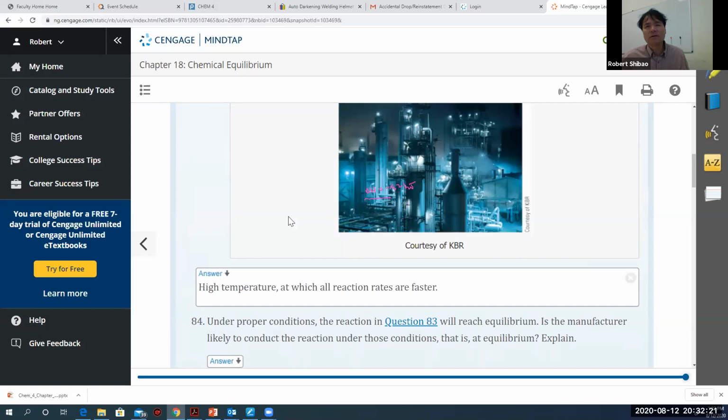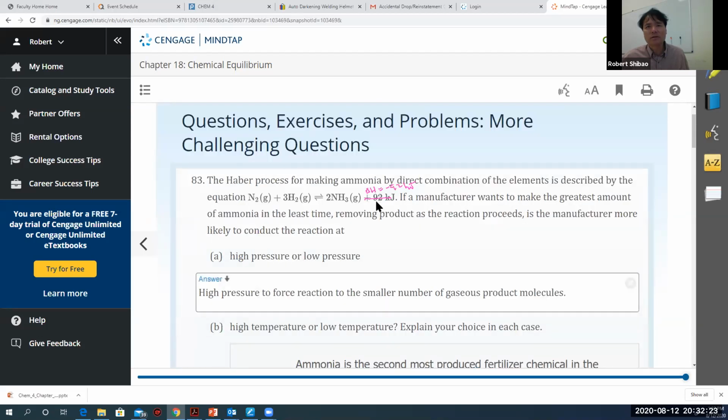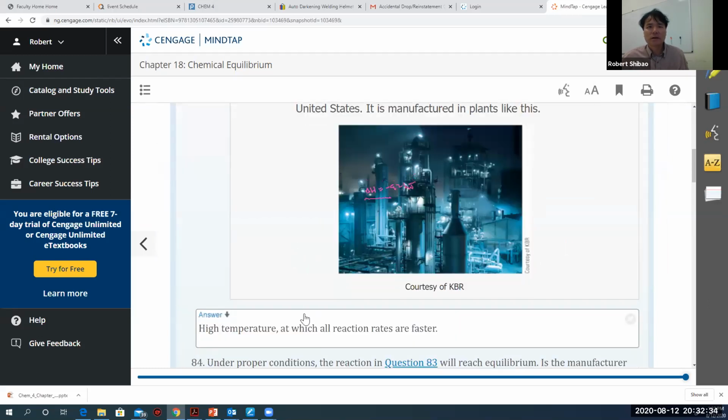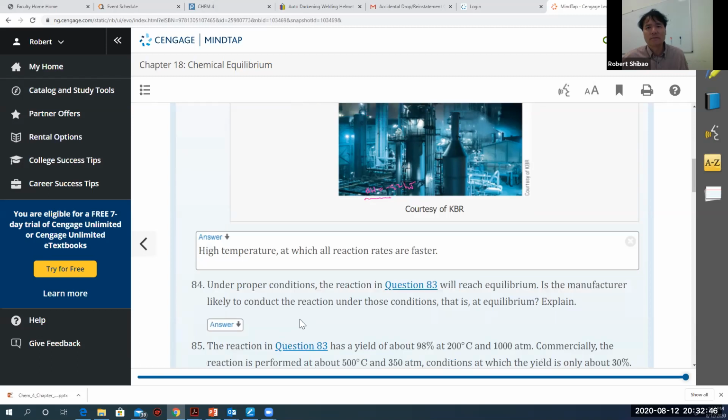And if it increases the rate for both, then it's going to skew. When we change the temperature, it changes the ratio here. And so in this one, because of the more complex nature of temperature in this particular problem, they should have just said which one's going to result in a faster rate of reaction, regardless, forward or reverse, would be higher temperature. Okay, so you're right, I was wrong in this context here.